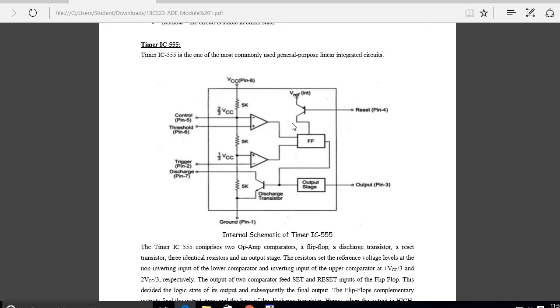The outputs of these operational amplifiers are the inputs of the flip-flop. The flip-flop inputs are set and reset. Set means 1, reset means 0.